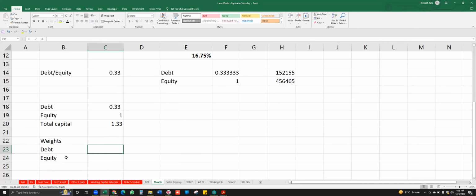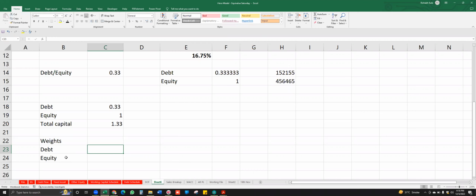Fine. What will be? So your data, don't you get debt to equity data in your balance sheet? Can you find debt to equity in your balance sheet?